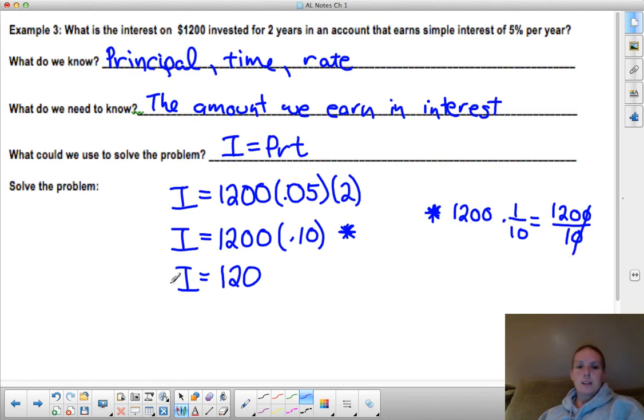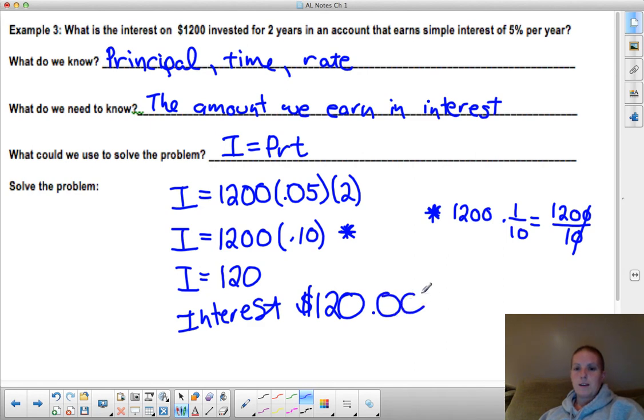So that we end up with I equals 120, which means in this problem, my interest is $120. Don't forget that units are important, right? We always write money all the way out, but we don't have to put the zeros.